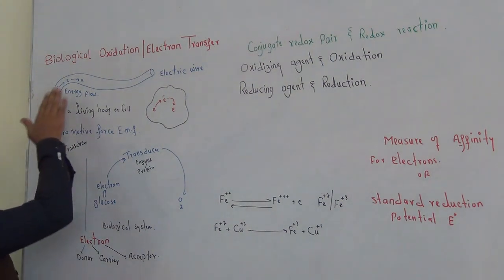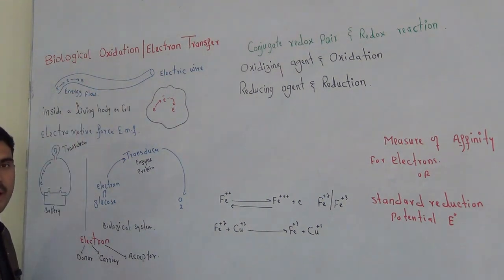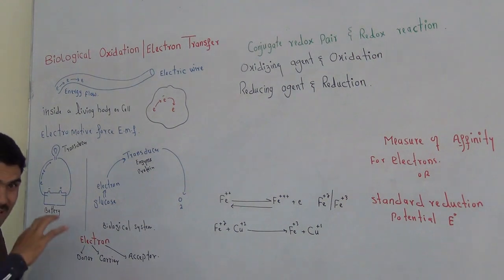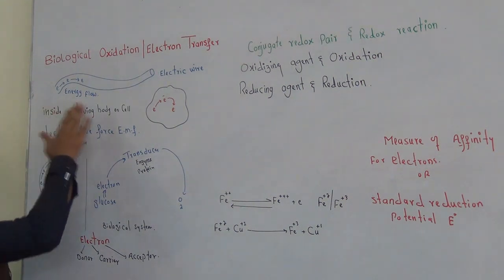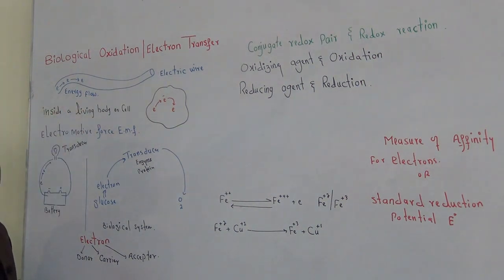When the current flows inside the wire, it is actually the electrons. These are the electrons that flow in the wire, and this flow of electrons is associated with the flow of energy. When an electron is moving, it carries energy. It is a kind of energy. We call it electrical energy.